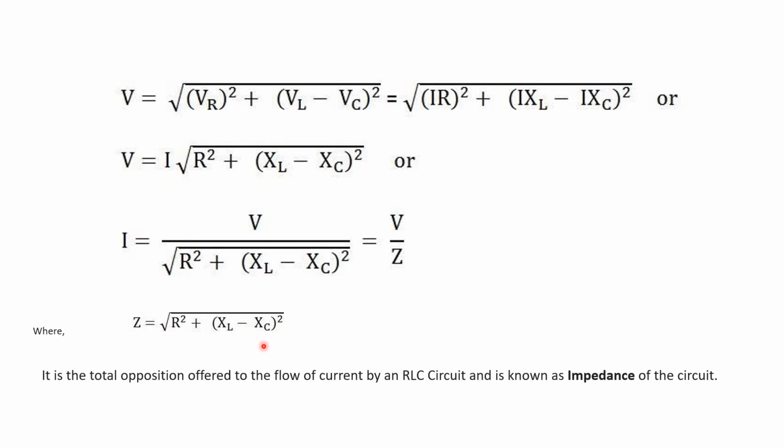XL minus XC indicates the net reactive drop or net reactive opposition. It is the total opposition offered to the flow of current by an RLC series circuit and is known as the impedance of the circuit.